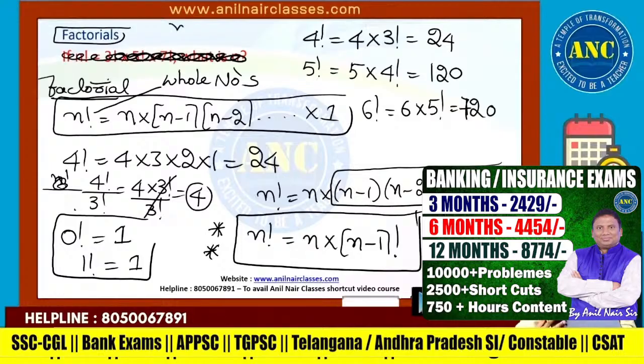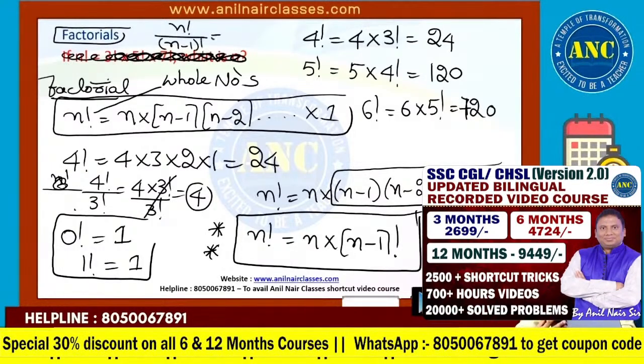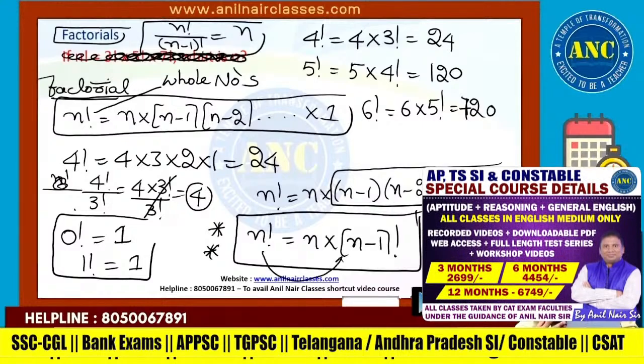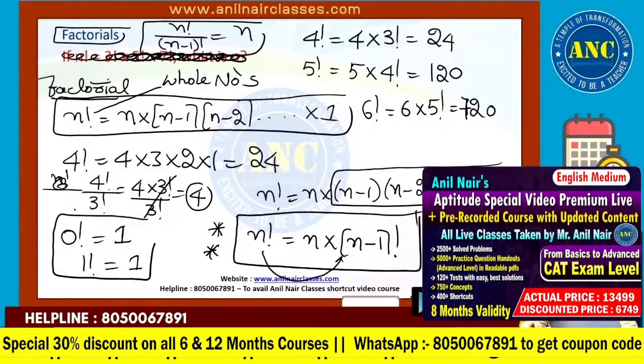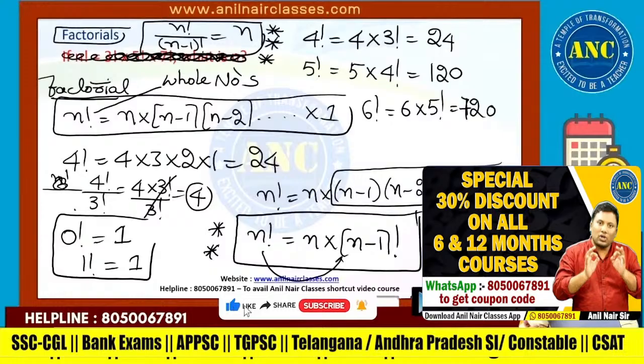That means n factorial by n minus 1 factorial is nothing but n, which can be deduced from here also. N factorial by n minus 1 factorial is always n. We are going to use this in a few problems.